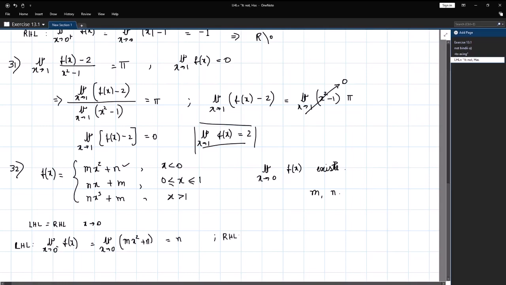For the right hand limit, x tends to 0 plus of f of x is nothing but limit x tends to 0. We'll have to use this equation, since it is approaching 0 from the right hand side, that is n x plus m. So if we substitute x equal to 0, we'll have m. Since LHL is equal to RHL, it gives that m is equal to n.